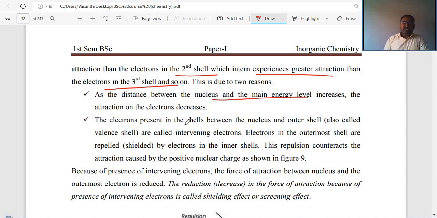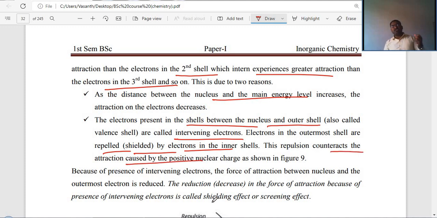The electrons present in the shells between the nucleus and the outer shell are called intervening electrons. The electrons in the outer shell are repelled or shielded by electrons in the inner shell. This repulsion counteracts the attraction caused by the positive nuclear charge, as represented in the next figure.